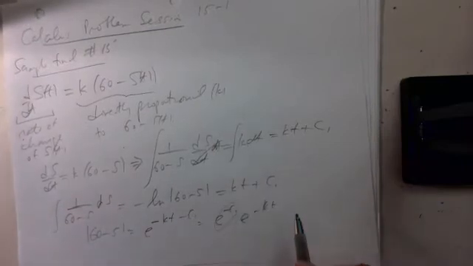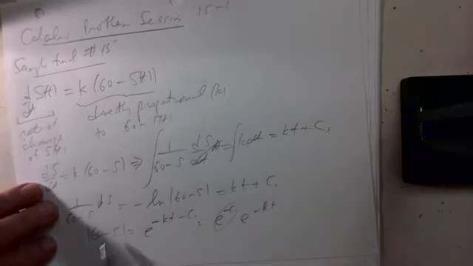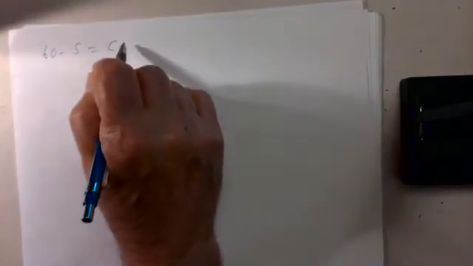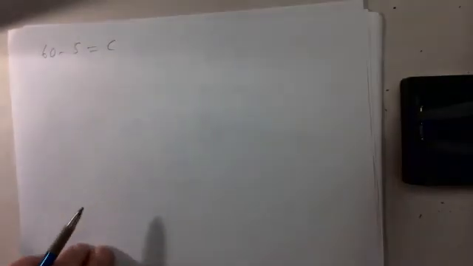This is just some positive constant, and this is plus or minus 60 minus s. So what we understand from the differential equation is that 60 minus s is some constant times e to the minus kt.